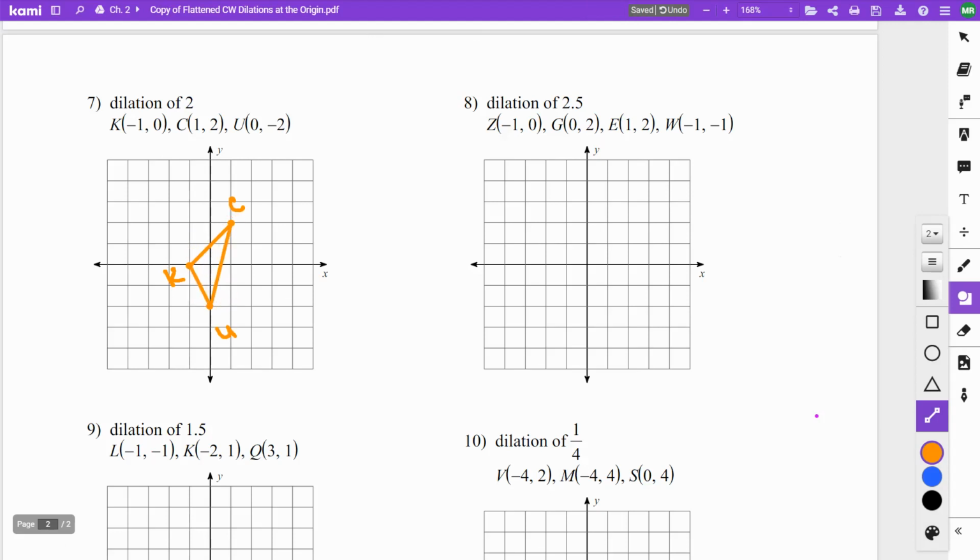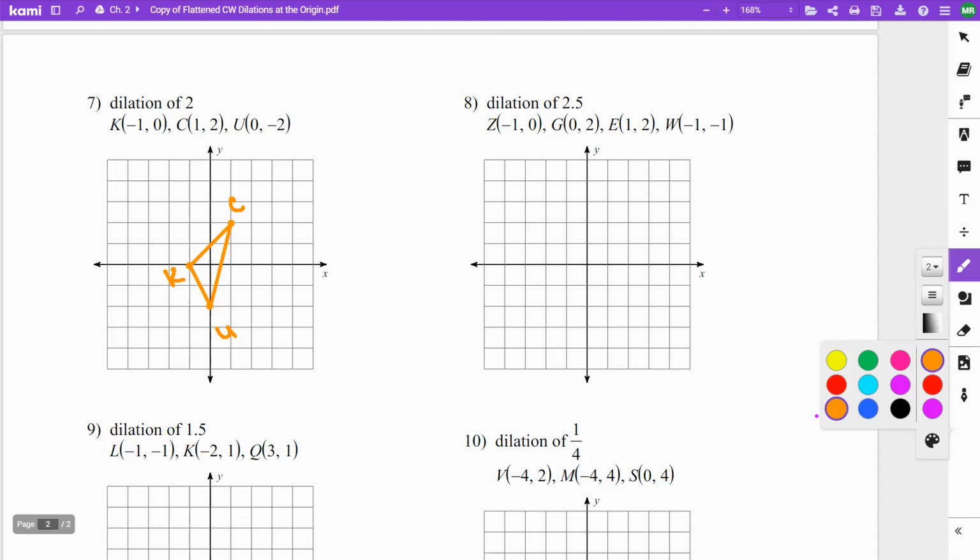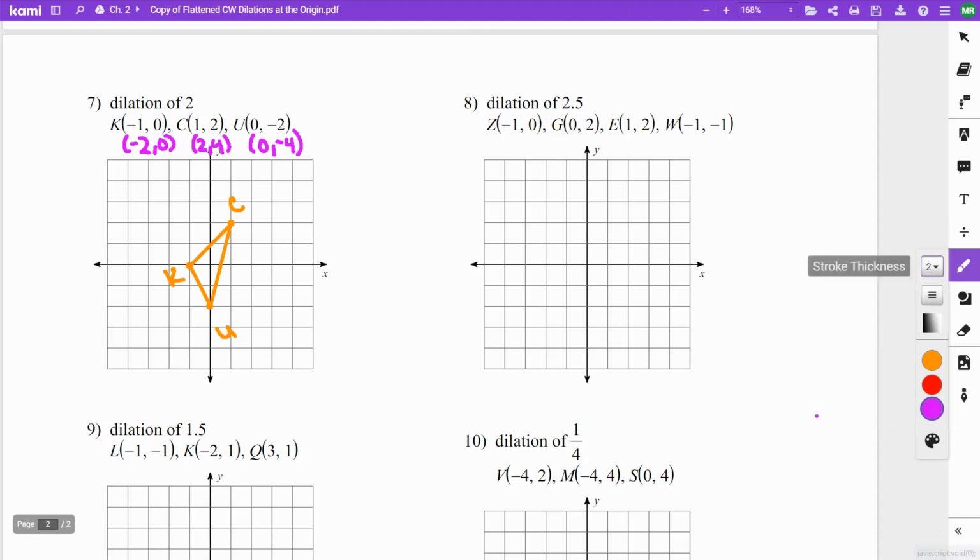And then I'm going to dilate it too. So all of my new values are going to be -2, 0, 2, 4, and 0, -4. So I'm going to go to -2, 0.